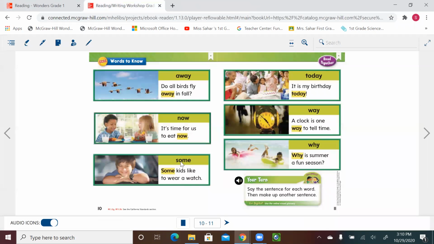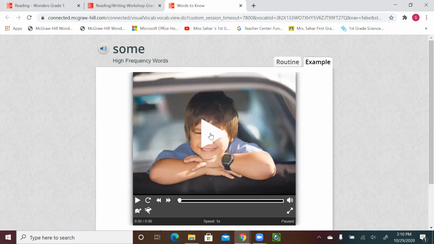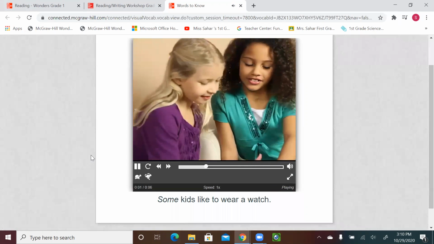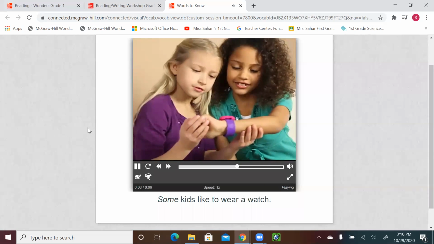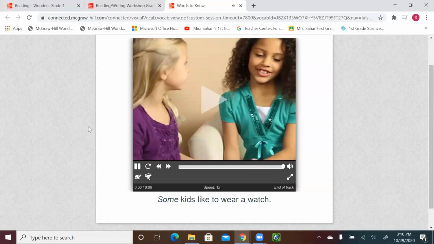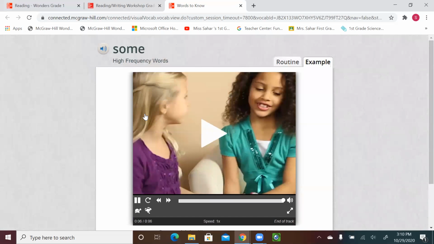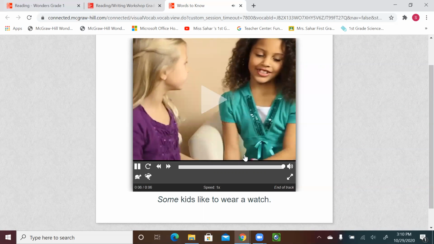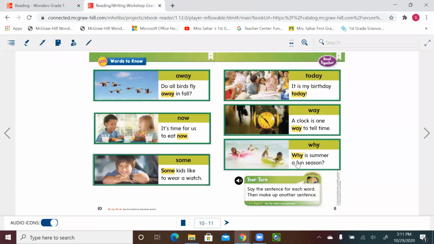Next word. Some. This is the word some. Say it with me. Some. Some kids like to wear a watch. Very good. Let's go for the next word.